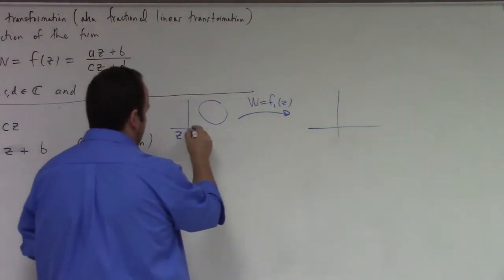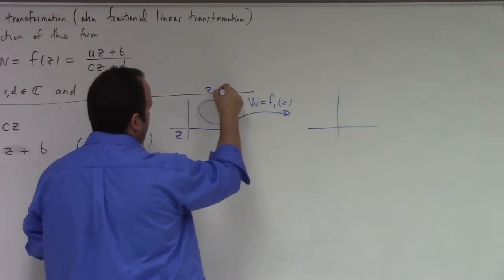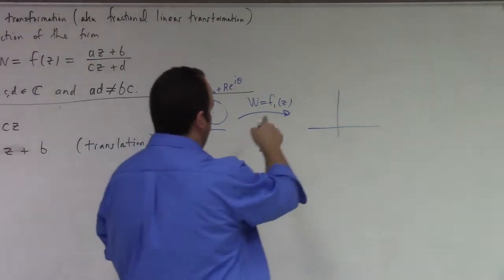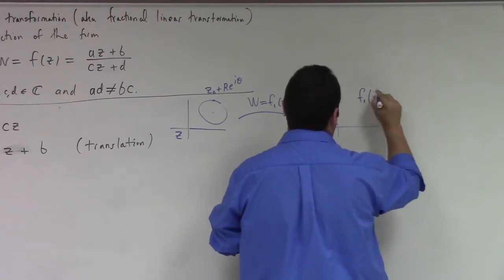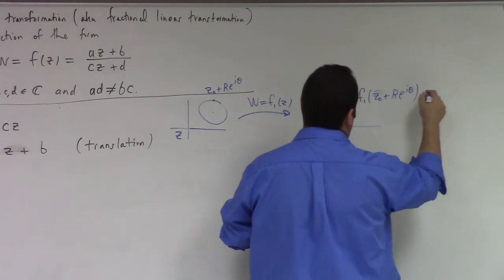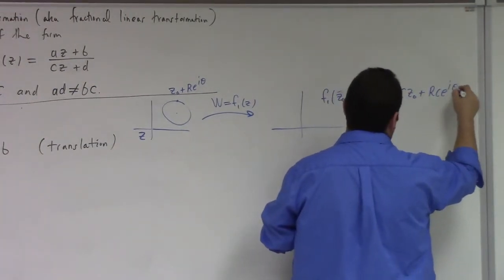What's the image? What's the typical point here? Something like z naught plus r e to the i theta, yeah? And so we feed it to f1. What's f1 of z naught plus r e to the i theta? It's c z naught plus r c e to the i theta, yeah?